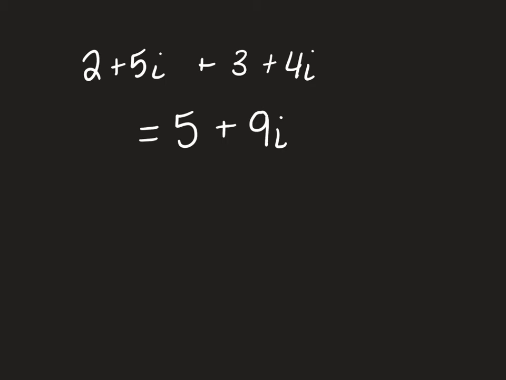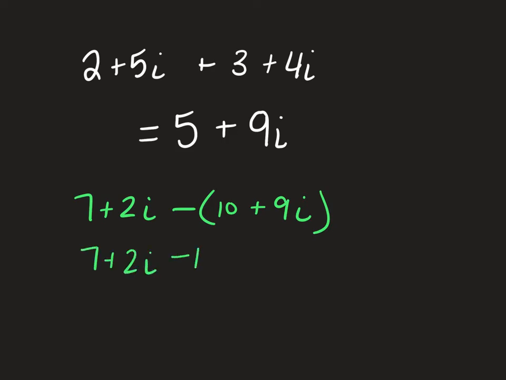So when you subtract, let's do, all right, just like when we subtracted polynomials, remember we have to change the signs of both of these before we combine like terms. So we have 7 plus 2i minus 10 minus 9i.